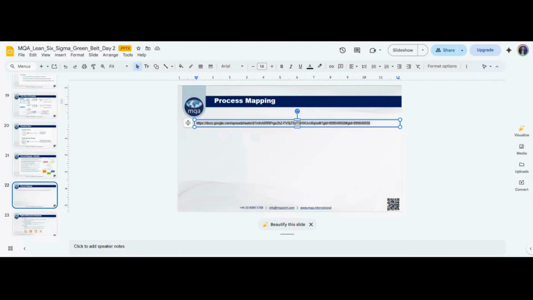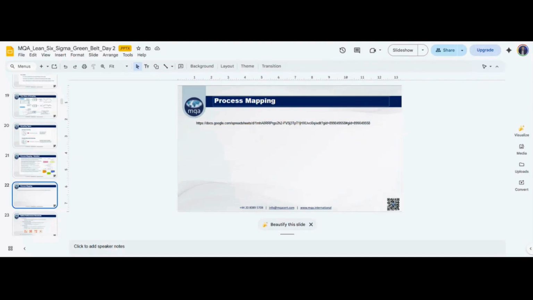Sorry, I cannot see you. What? You're not seeing? No, what are you showing now? We see the slide with the link. Oh, you're not able to see it. Okay, let me see what is wrong. Maybe you are sharing only the presentation. You have to share your entire screen. Now also it is not visible. Okay, what we'll do, I'll take a screenshot and share it on the group so that you will understand it.